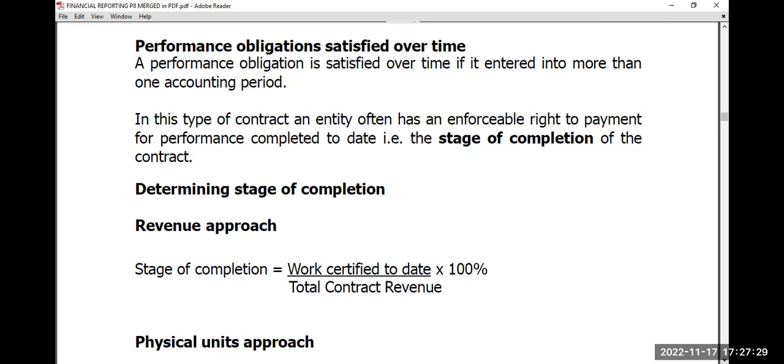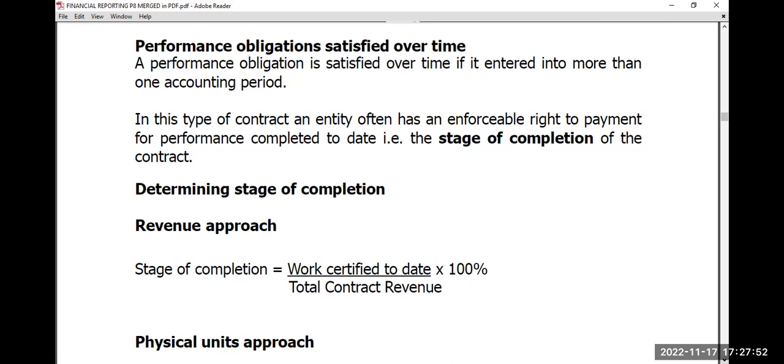But now the new IFRS 15 merged it, and we are looking at it as something that is a one-off item.